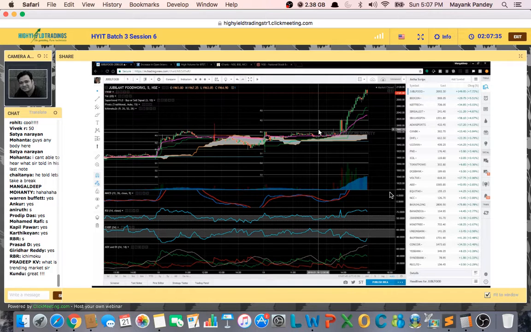This is a very strong support and resistance area, I would say. Now in my back testing, what I have seen is whenever a stock is crossing, let me draw this.